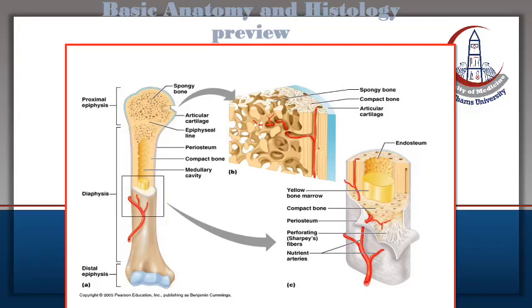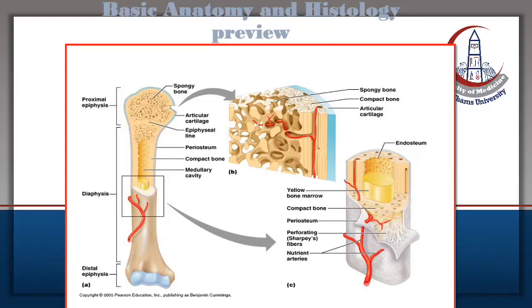Histologically, the epiphysis is formed of a cancellous bone, which is the same structure as the flat and irregular bones, while the shaft is formed of a bone marrow space inside the center of this shaft, lined by endosteum, then the lamellar bone, and covered from outside by periosteum.